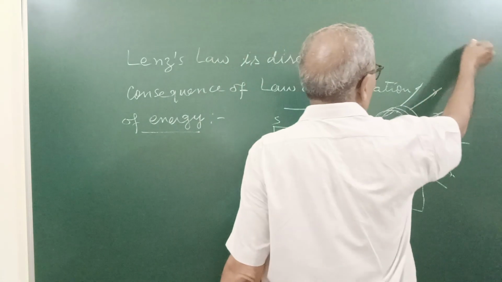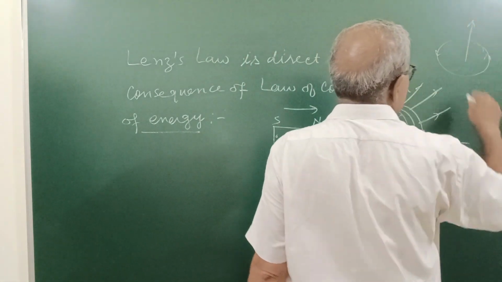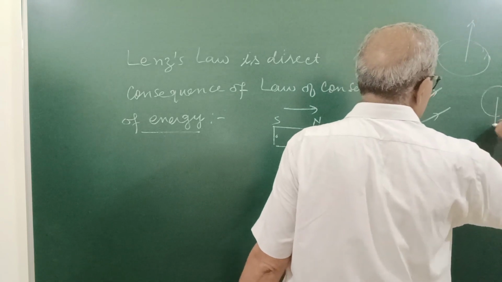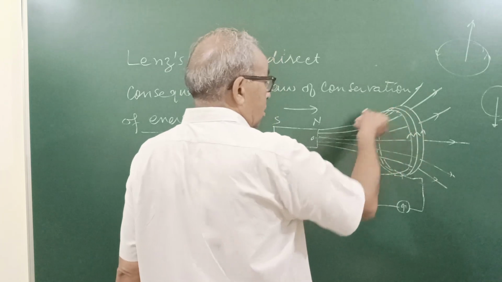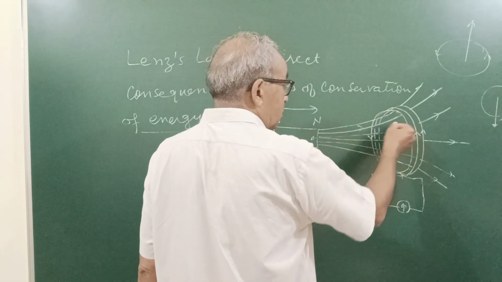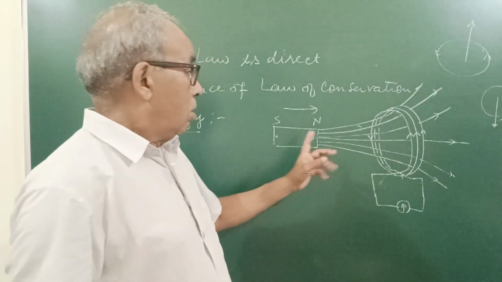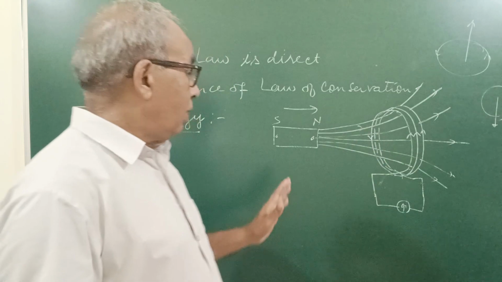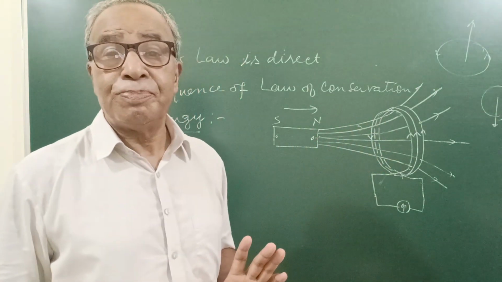Because you know when current flows anti-clockwise, field lines come out of the face, and for clockwise, they go into it. So the magnetic field lines are outward, and hence the face facing the north pole of the magnet will act as a north pole.